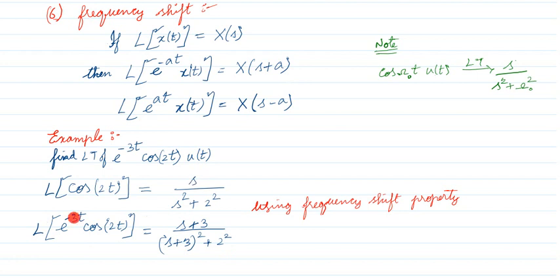Suppose it is e power 3t, it becomes s minus 3. Right? So this is the answer for the Laplace transform of e power minus 3t cos 2t into u of t. Since there is an exponential in the time domain, in the frequency domain I am shifting by s plus 3.